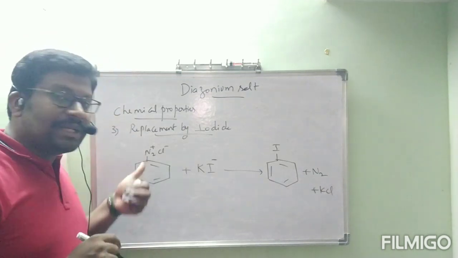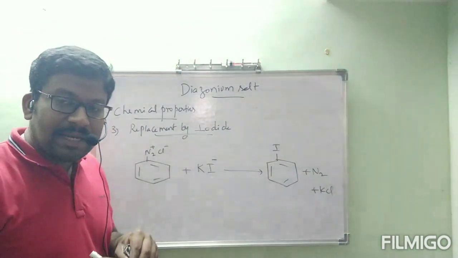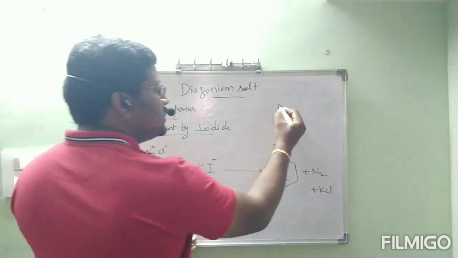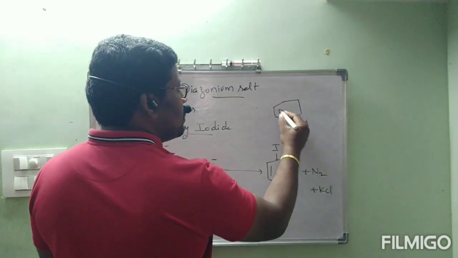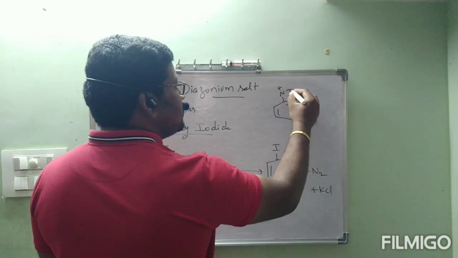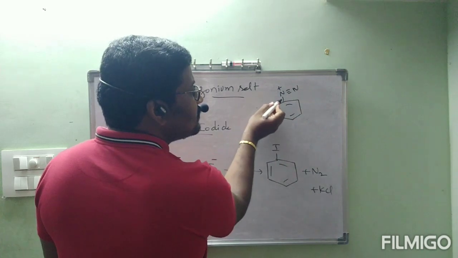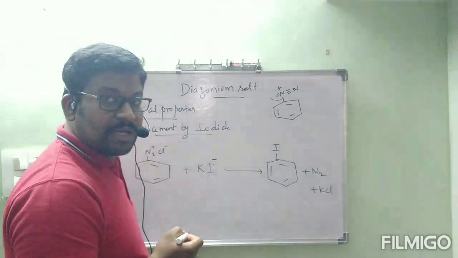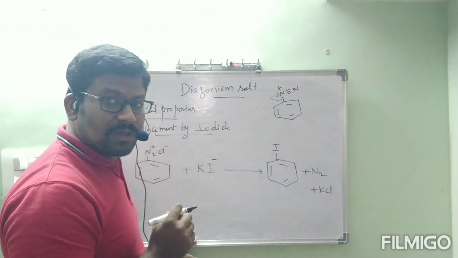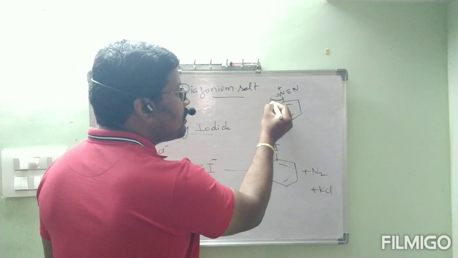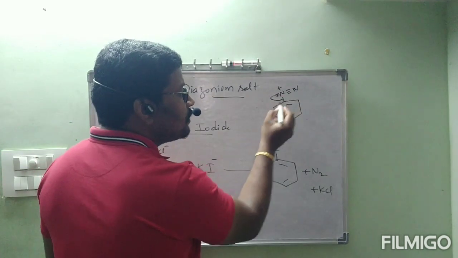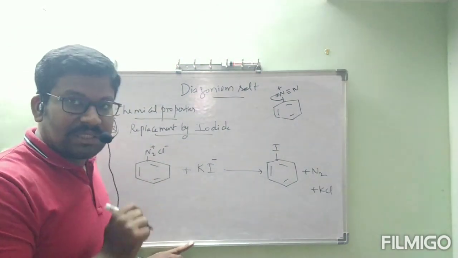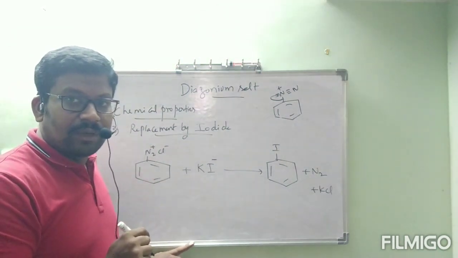Because nitrogen carries a positive charge, that N+ immediately pulls electrons from the C6H5-N+≡N bond. N+ is very unstable; the highly electronegative nitrogen atom will not be stable with a positive charge. So it pulls the bond towards itself and leaves as N2, and nucleophilic substitution becomes possible. That is the importance of these benzene diazonium salts.